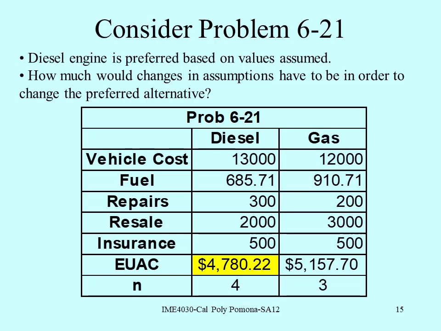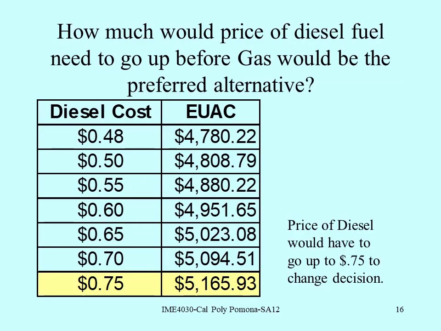But what if we wanted to look at the impact of our assumption on what the price of gasoline would be, or the price of diesel would be? Let's go to slide number 16, and we used in this example a 48 cents per liter cost for diesel fuel in the original analysis. But what if that cost were to be higher? At what point does the diesel engine alternative equal the gasoline cost alternative?